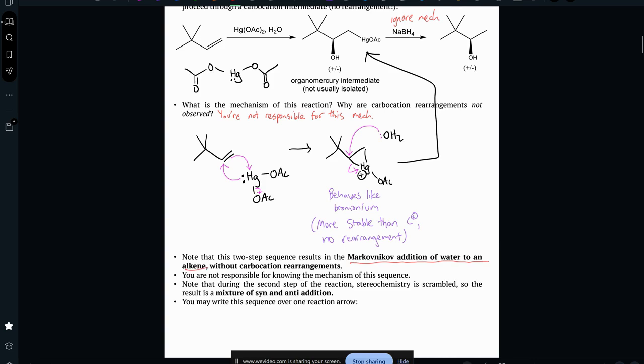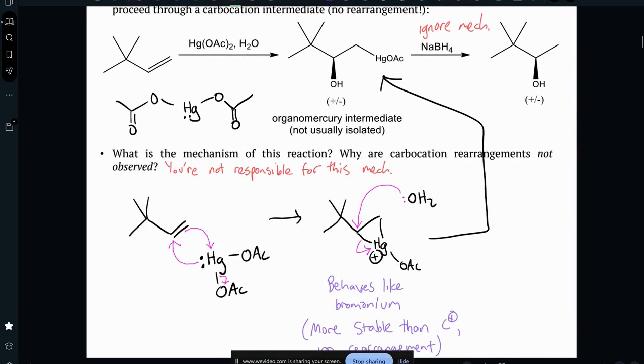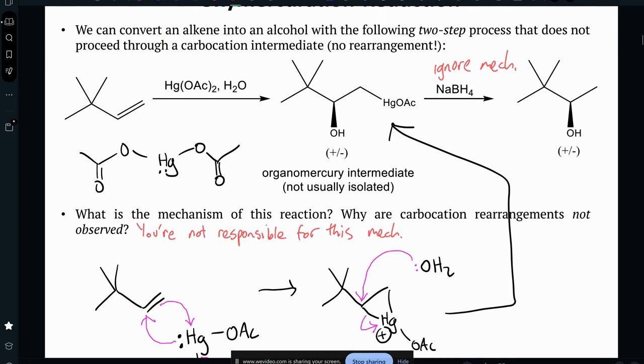It's a Markovnikov addition of water to the alkene because to one carbon, we added OH. To the other carbon, in the second step, we add a new hydrogen, a third hydrogen.